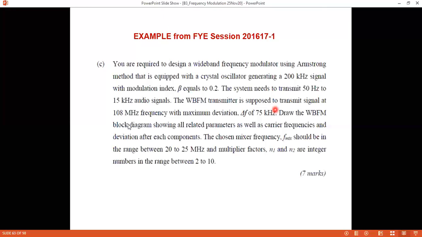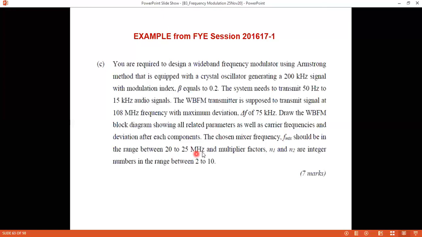So these are the operating frequency and the frequency deviation for our wideband FM transmitter. You need to draw the wideband FM block diagram showing all the related parameters, as well as carrier frequencies and deviation after each component. You need to label all of them in your block diagram, and the chosen mixer frequency should be in the range between 20 to 25 megahertz.